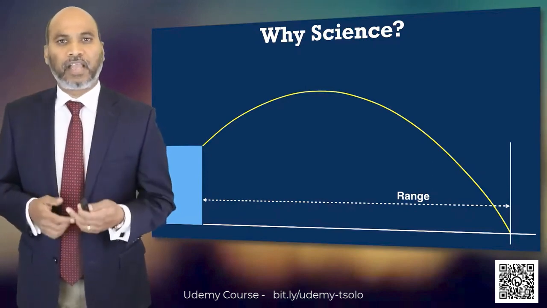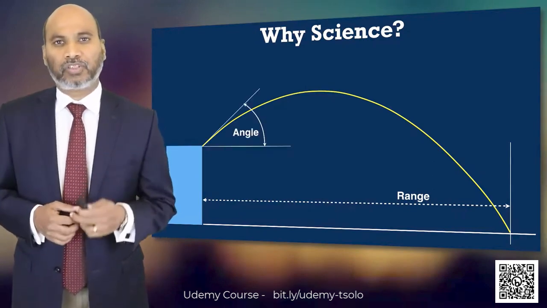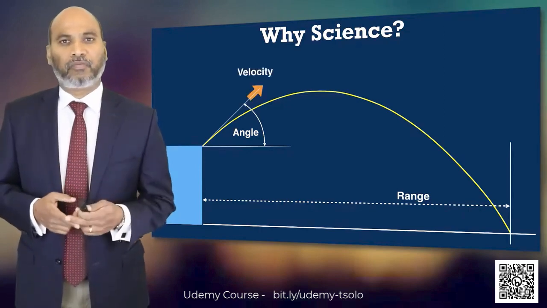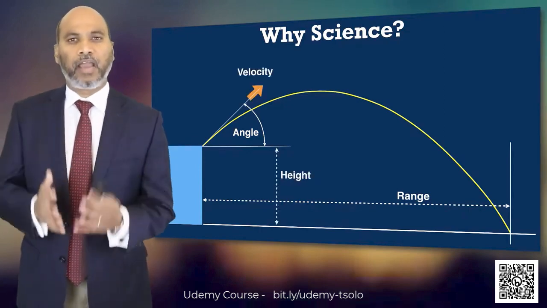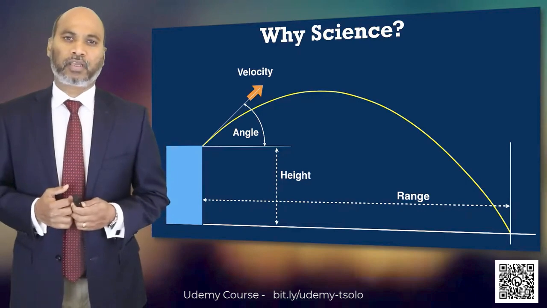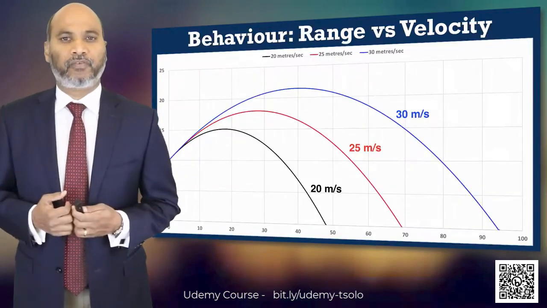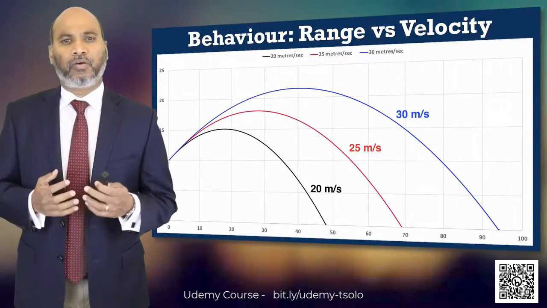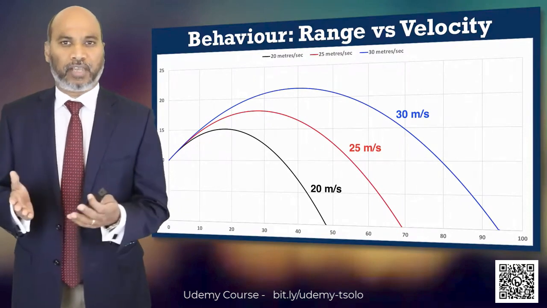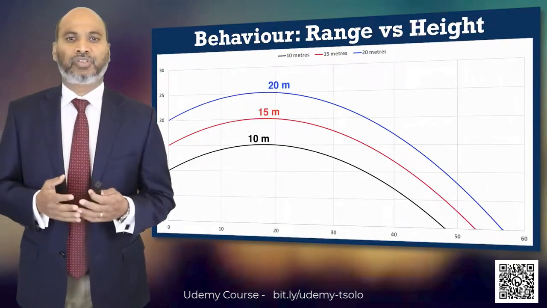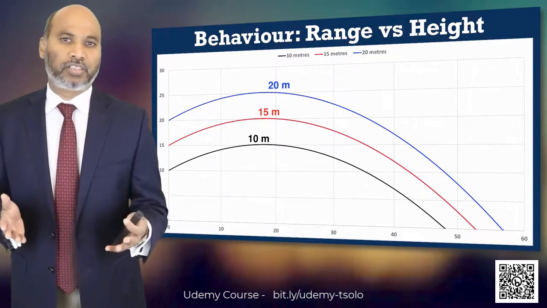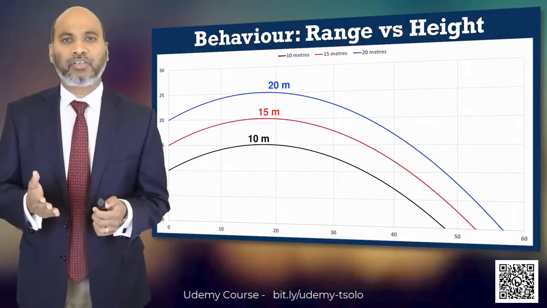And this range depends on the angle at which you're throwing and the velocity with which you're throwing, and of course the height from which you are throwing. That can be seen here. For example, if you change your velocity, the range changes, as you can see here. If you change the height, the range changes, as in here, and the behavior is obviously different.